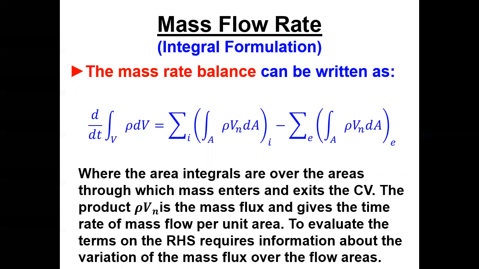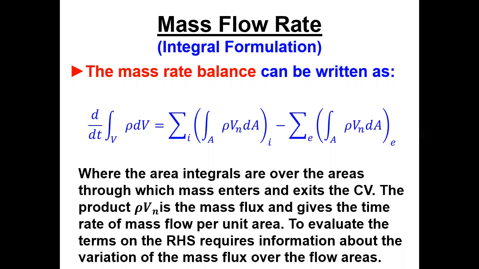I think this black text was taken out of the textbook. It says where the area integrals are over the areas through which mass enters and exits the control volume. The product of density times normal velocity is given a term, mass flux, and gives the time rate of mass flow per unit area.